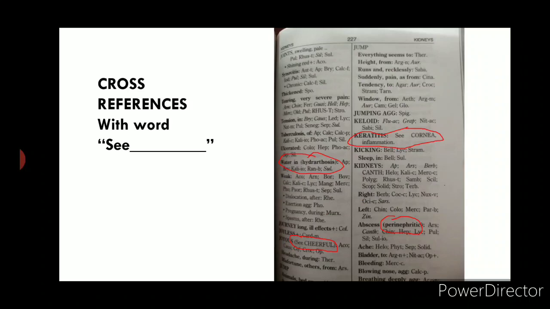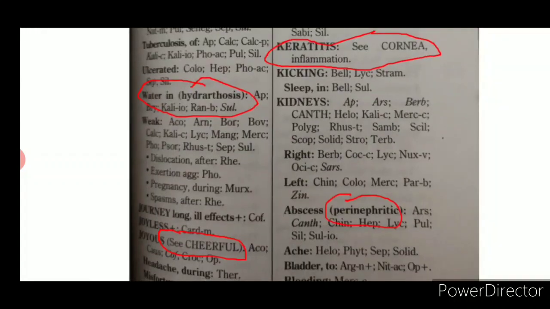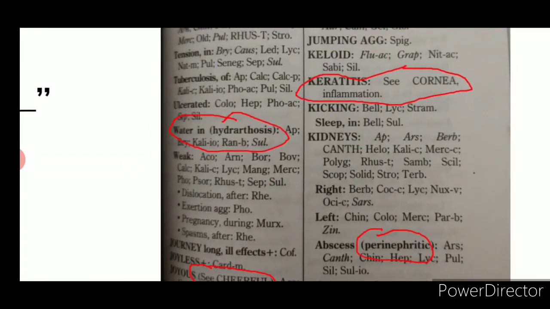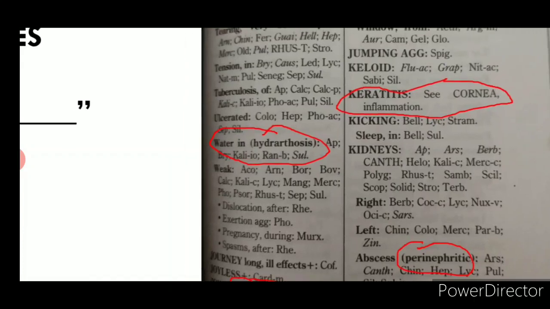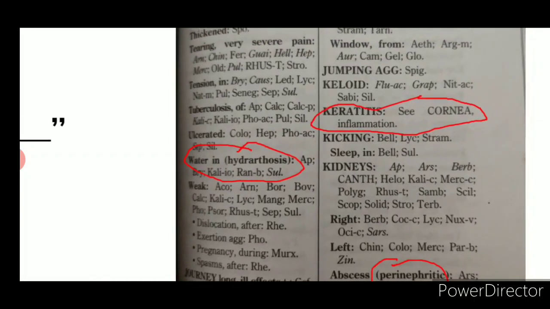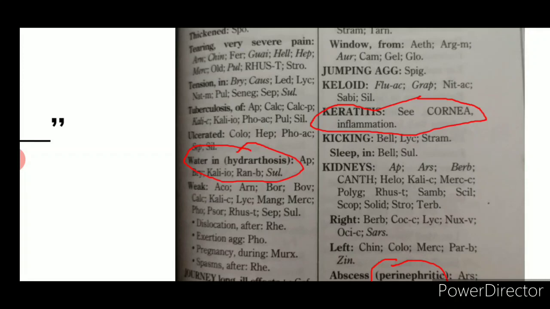Now regarding the cross references, we are going to see a good detailed list of cross references in the whole repertory, and cross references are denoted with the letter C just after the rubric. Now I want to make a difference between some reference words and an actual cross reference. You can see here I have two rubrics.